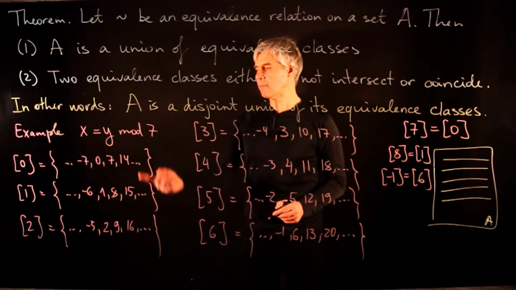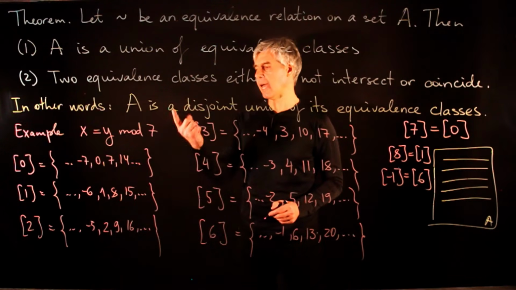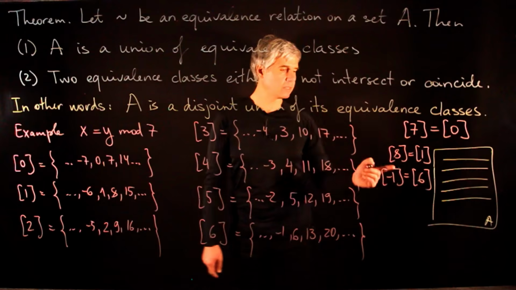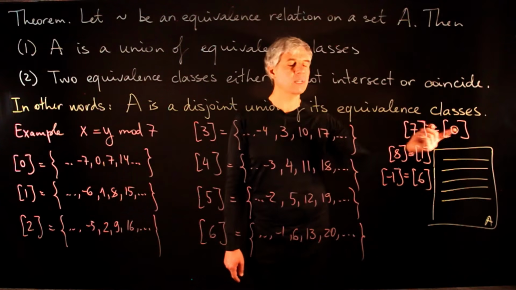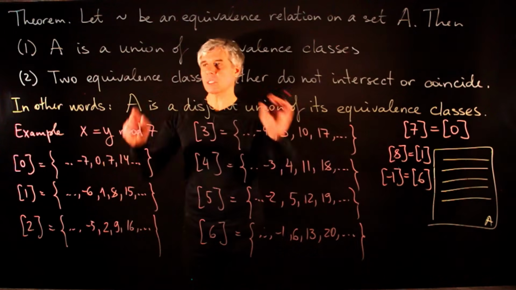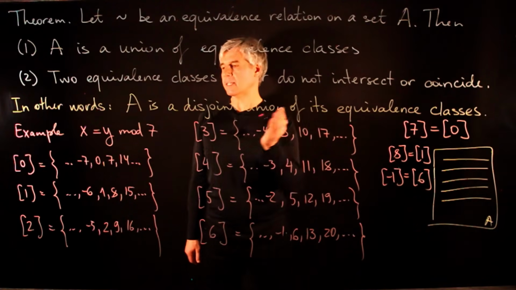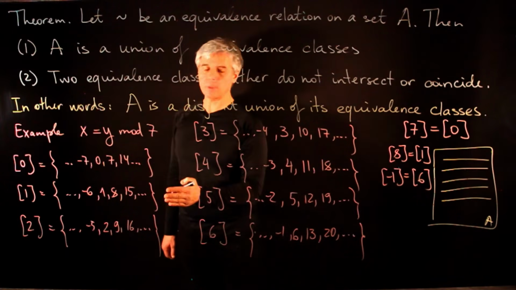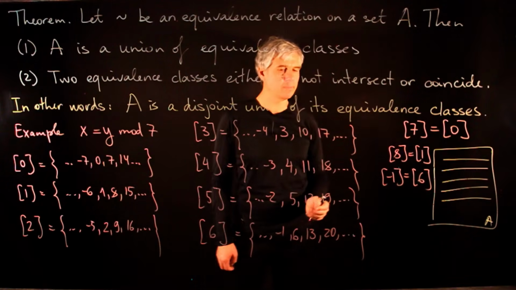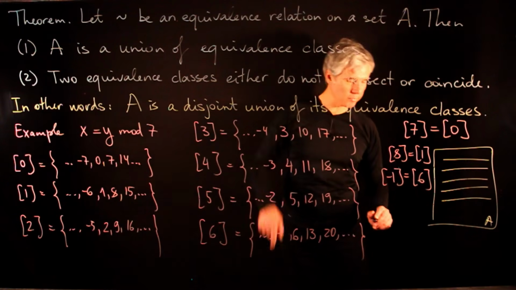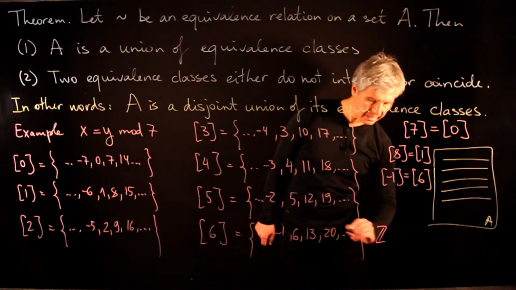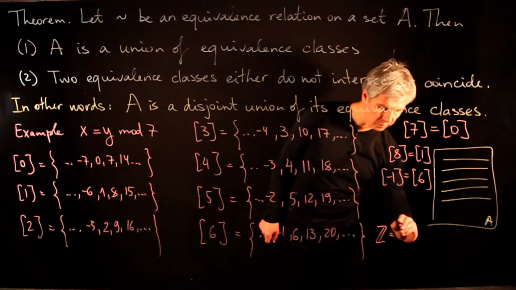So we see that some equivalence classes have empty intersection, and some equivalence classes are completely equal. So this is what the second part of this theorem states, that two classes either do not overlap or completely coincide. Now, the first part of this theorem says that the set Z is the union of equivalence classes.